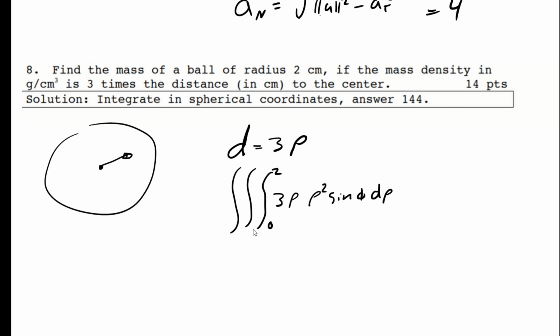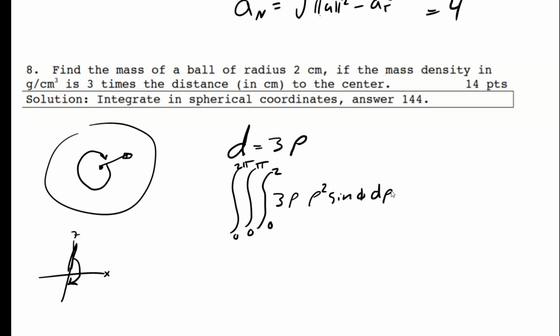And then phi goes from 0 to pi. If this is z, this is x, phi starts here and goes all the way around to here. So from 0 to pi, and theta goes all the way around, 0 to 2 pi.